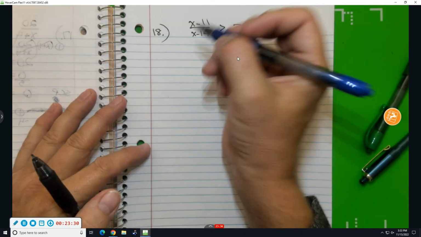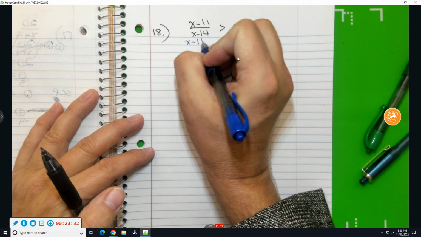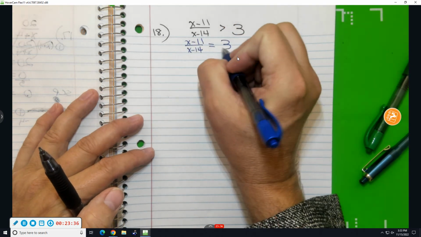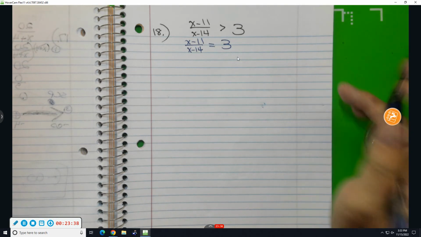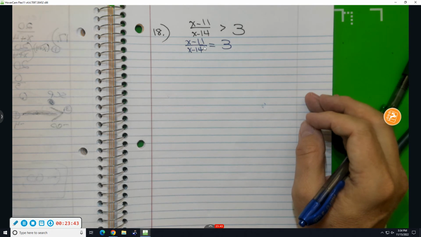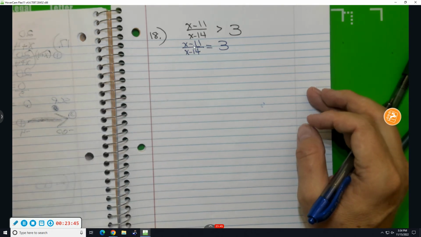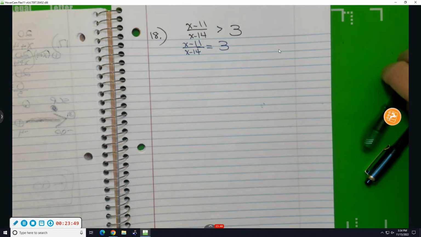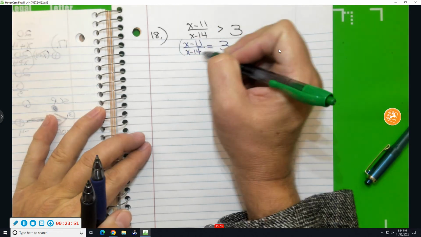First thing we do, we set it equal. Where does the left side equal the right side? What do you think I'll do to solve that equation? Okay, multiply by the denominator, x minus 14.